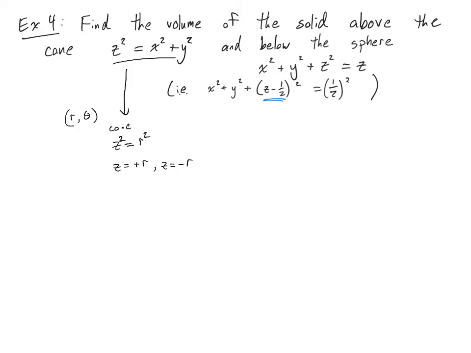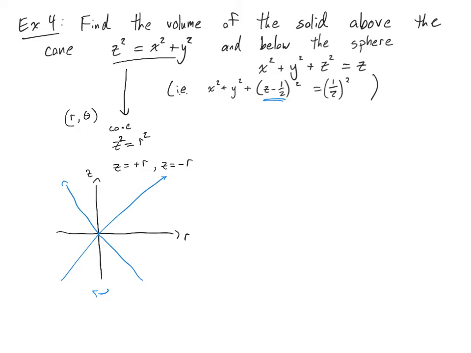So this is the picture where we've got two lines of slope 1, and slope minus 1. And when you spin these around, they give you the cone.